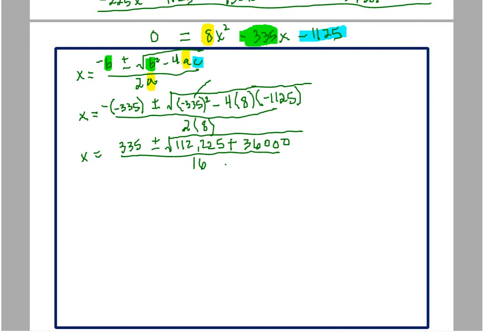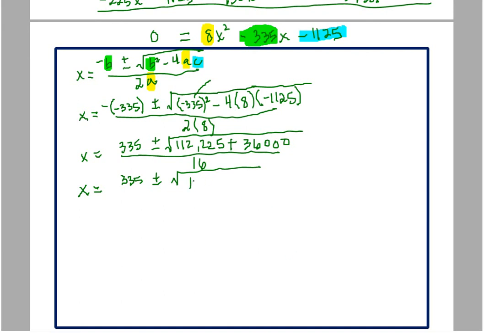Now let's add in the square root. So we get 335 plus or minus, and we add 112,225 plus 36,000.